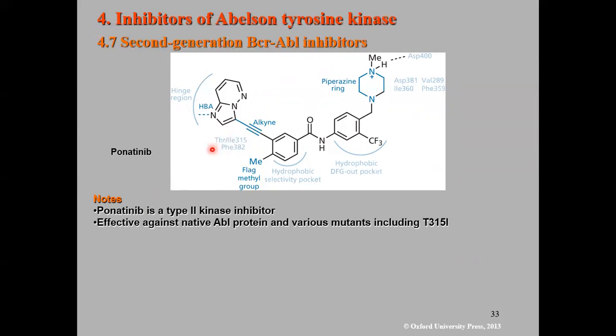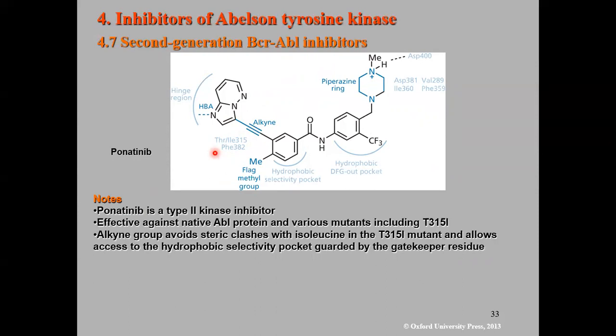So even if you change the threonine to isoleucine or phenylalanine, you're still able to form this hydrophobic interaction with the phenylalanine or the isoleucine. The alkyne group, the one that we just mentioned, avoids steric clashes with isoleucine in the T315I mutant and allows access to the hydrophobic selectivity pocket guarded by the gatekeeper residue, okay, because there will be no steric clashes.